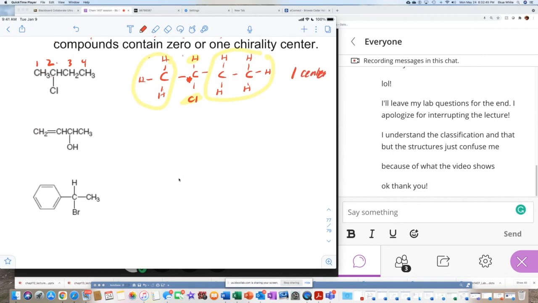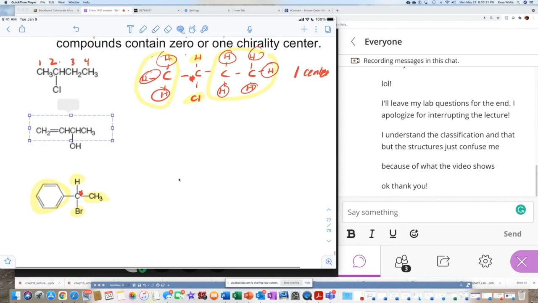Please note, this cannot be chiral because these 3 are alike. All the surrounding atoms have to be different. Oh, this one is an easy one. Let me do the third one. There, this is different from that. This whole group is different from that, so this is a chiral center.